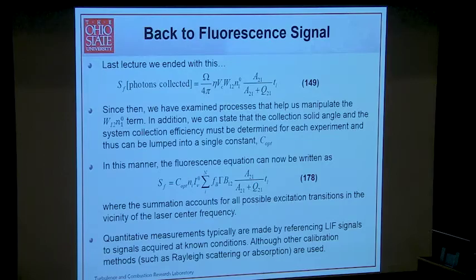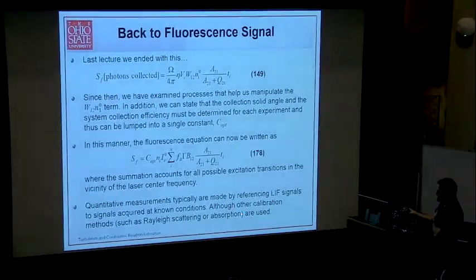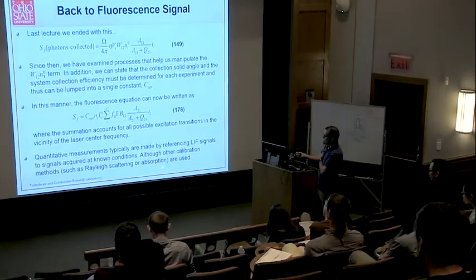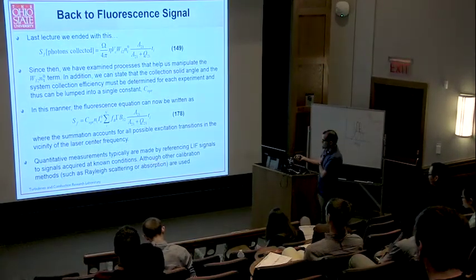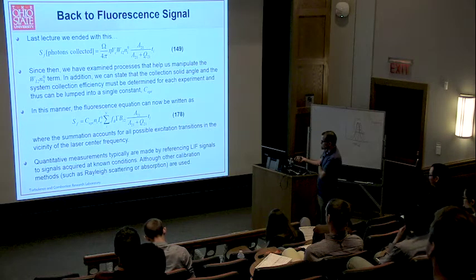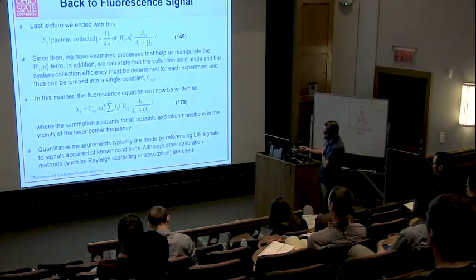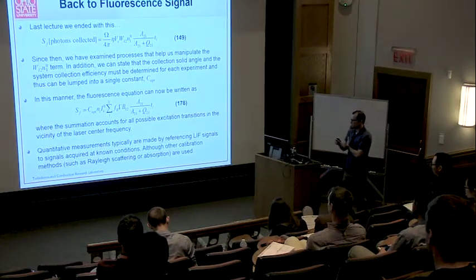Other calibrations use things such as Rayleigh scattering or absorption. An absorption measurement where you know the quantity and the path length, or you use an absorption measurement to get the number density from a reference case, and then you normalize. Rayleigh scattering with proper calibration can give you the number density as well.